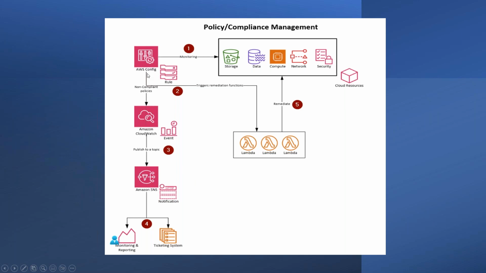But here in number 2, when a policy is non-compliant, two things happen basically in parallel. One, it pushes the event to CloudWatch for further notification. And two, it could trigger a remediation task, basically engaging a Lambda function. The Lambda function will have some code written to remediate any findings identified by AWS Config and push those remediation tasks into the cloud resource to fix it.